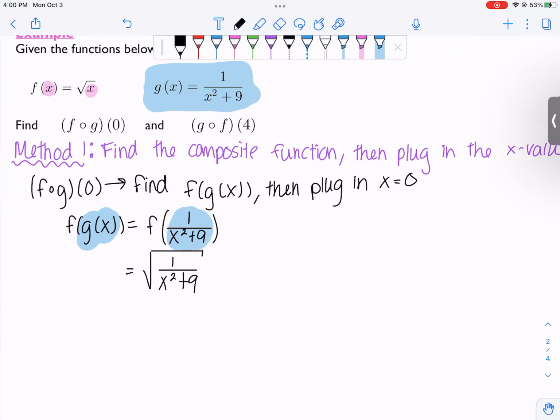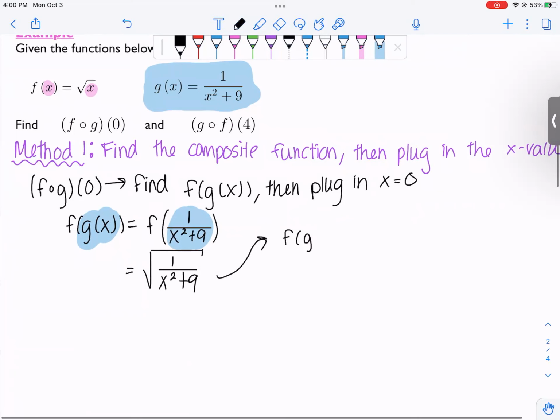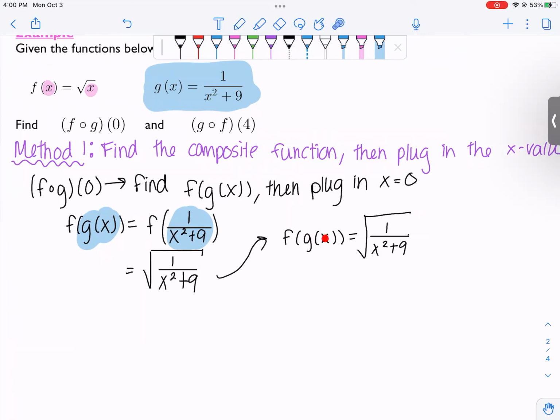Now that I have f of g of x, I can just plug in whatever value I want for x and find the composition.